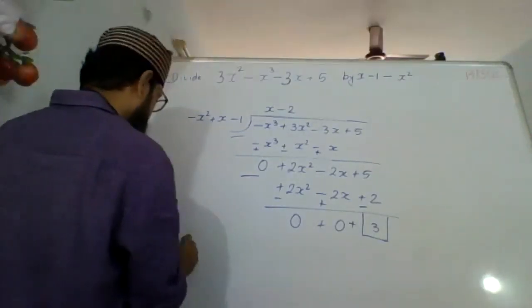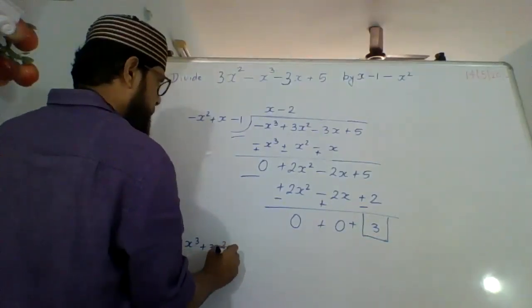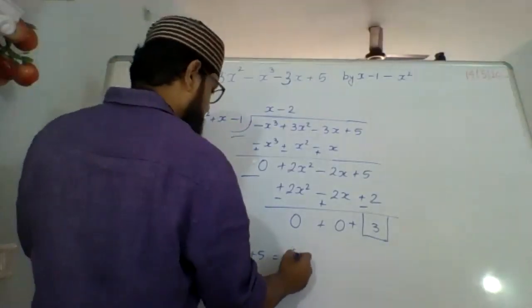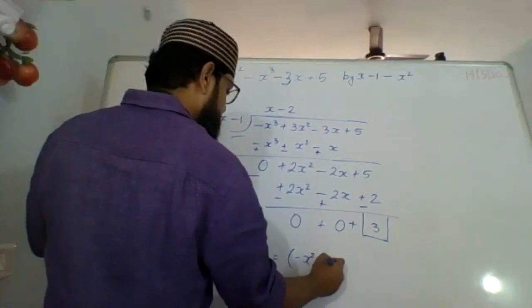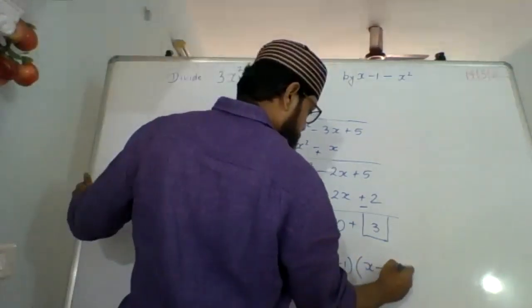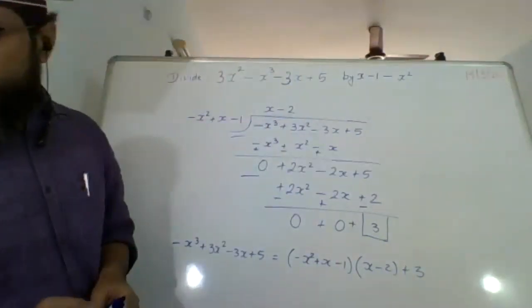So what is the dividend? Minus x cube plus 3x square minus 3x plus 5 equals minus x square plus x minus 1 into x minus 2 plus 3. Okay, that is what we say.